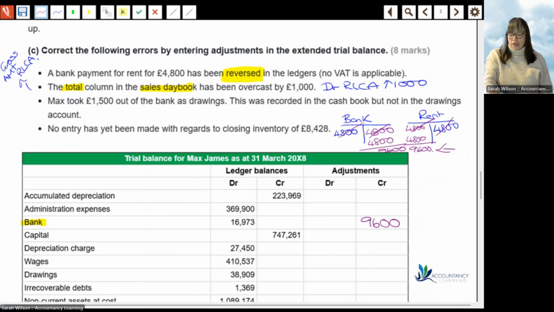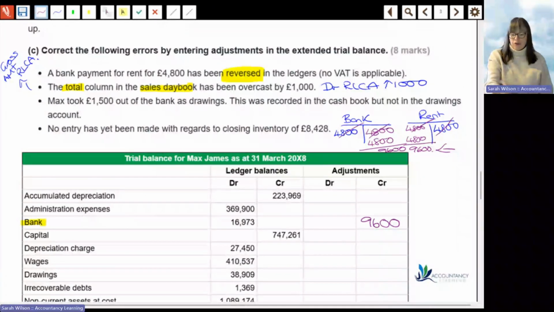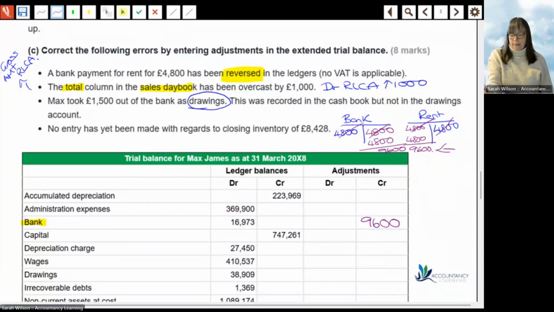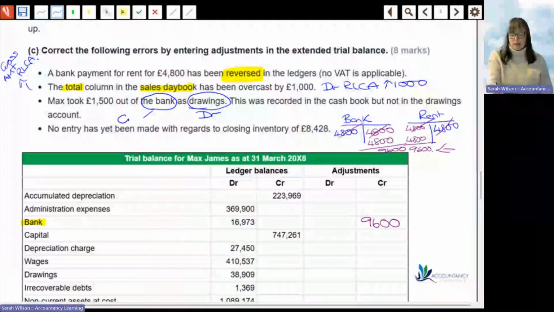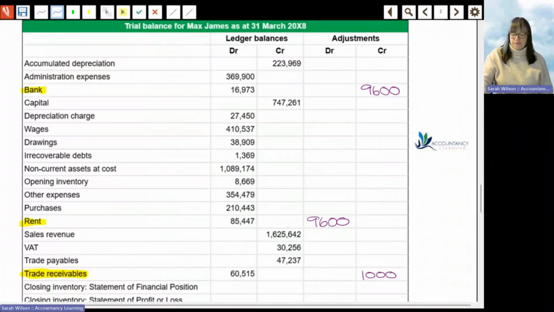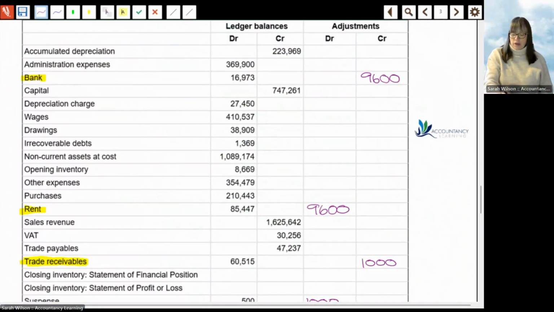So we need to put it into drawings. So that is going to be our debit because the money out of the bank was our credit. So drawings, our adjustment is 1,500 debit.